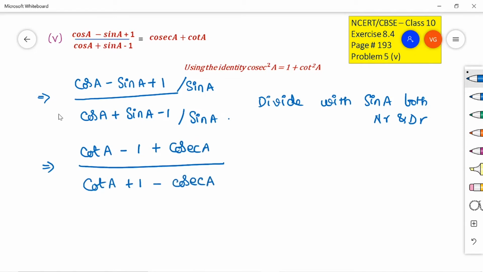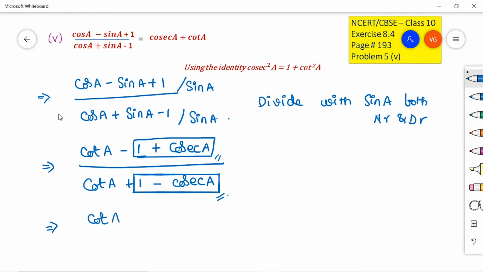In the denominator I have the term 1 minus cosecant A, but in the numerator I have 1 plus cosecant A. So I'll take minus common here, such that it will be 1 minus cosecant A, so that both numerator and denominator have similar terms.